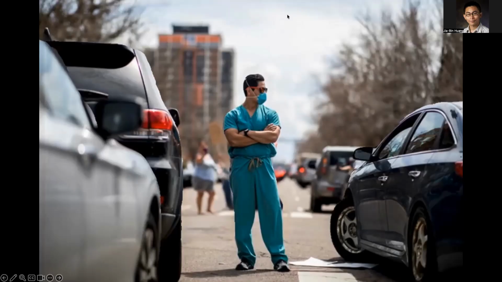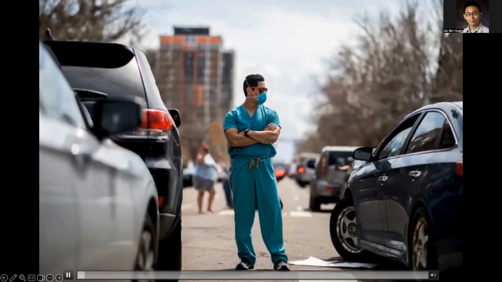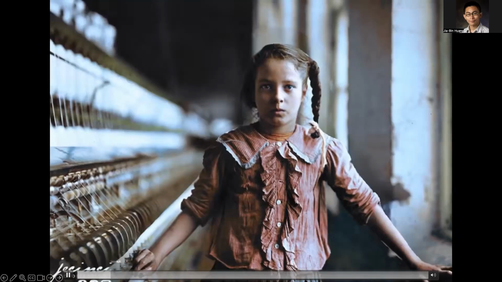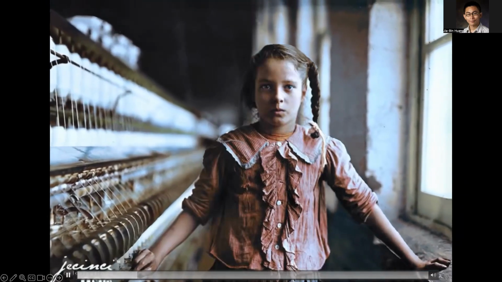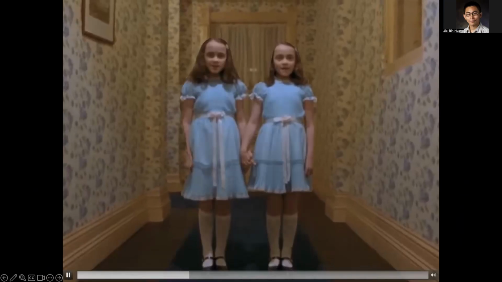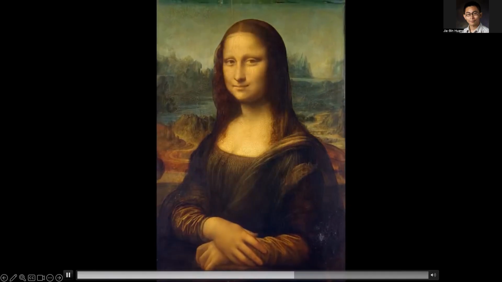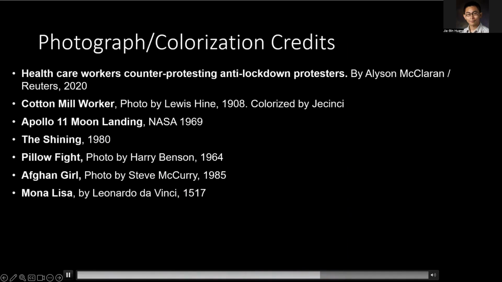Okay, so you can get effects like this. You can create visuals like this.